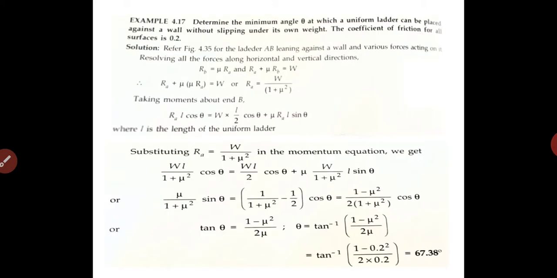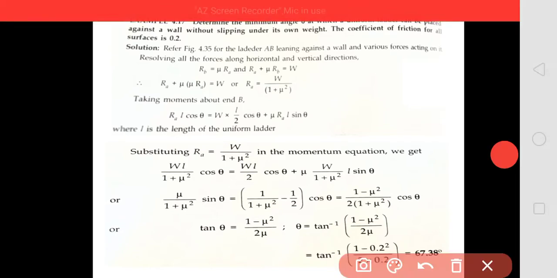Now take the first case. Determine the minimum angle theta at which the uniform ladder can be placed against a wall without slipping under its own weight. The coefficient of friction for all surfaces is 0.2. Refer to the figure.